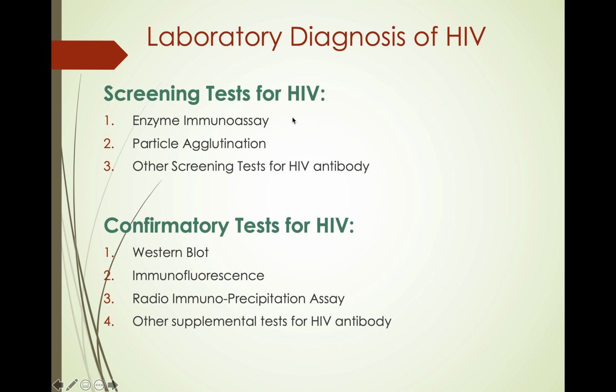For your screening test, we actually have enzyme immunoassay, we have your particle agglutination, and other screening tests for HIV antibodies. For your confirmatory test, on the other hand, we have your Western blot, which is still being used up to this day. You can also make use of your immunofluorescence, your radioimmunoprecipitation assay, and other supplemental tests for your HIV antibody.